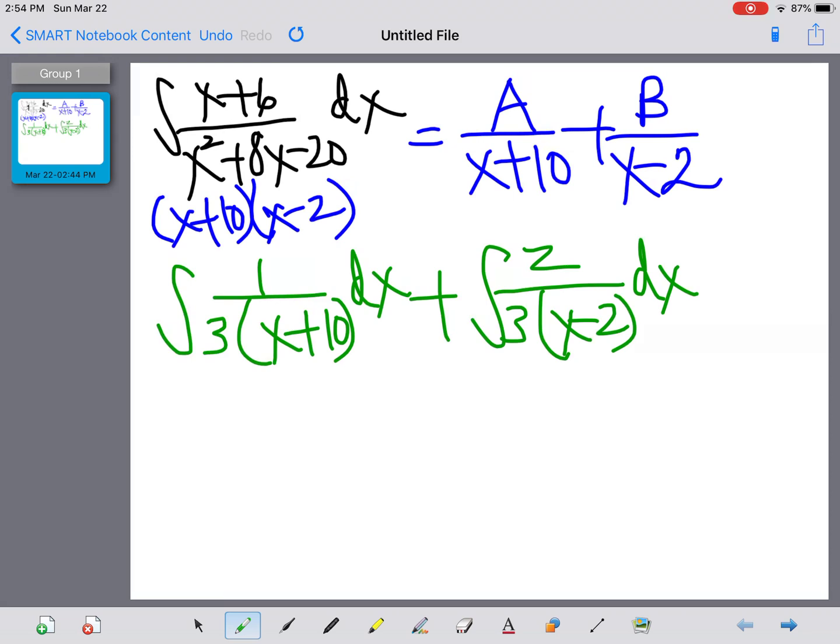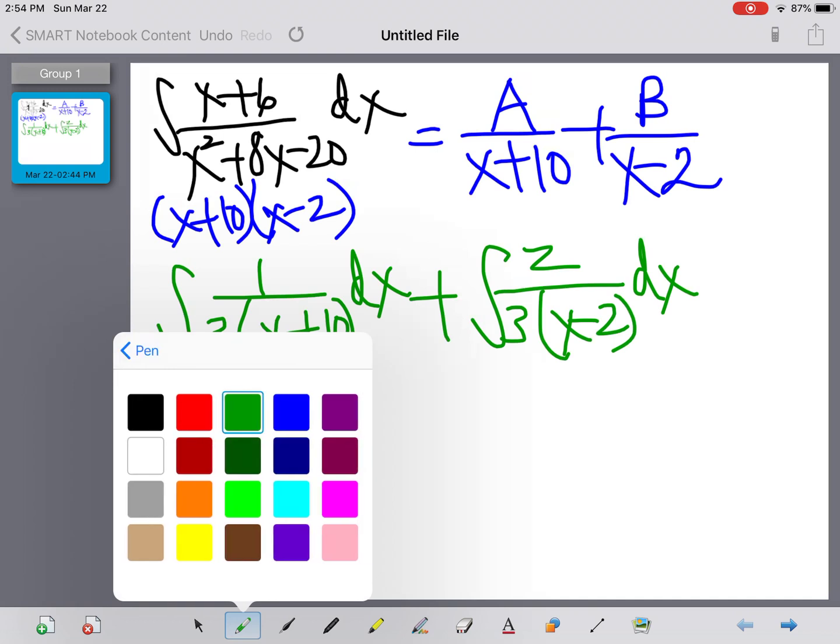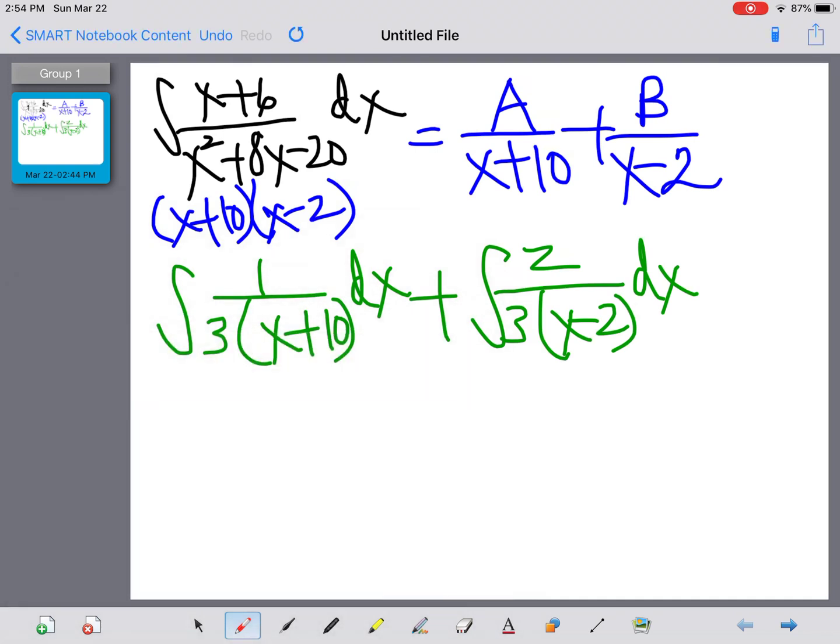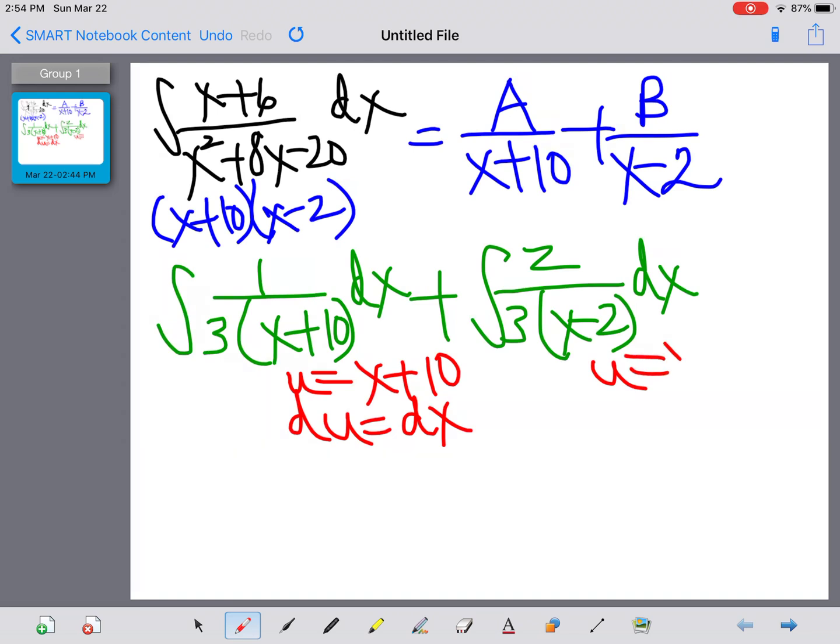And at this point, it's simple u substitution. For the first integral, let u equal x plus 10. And when we take the derivative of both sides, that gives us du equal to dx. And for the second fraction, let u equal x minus 2.